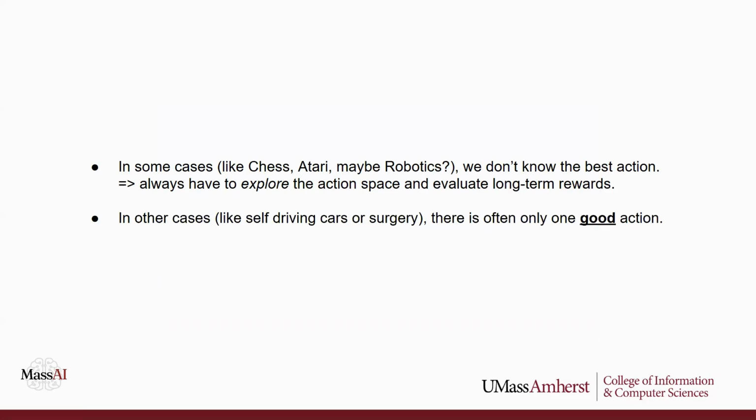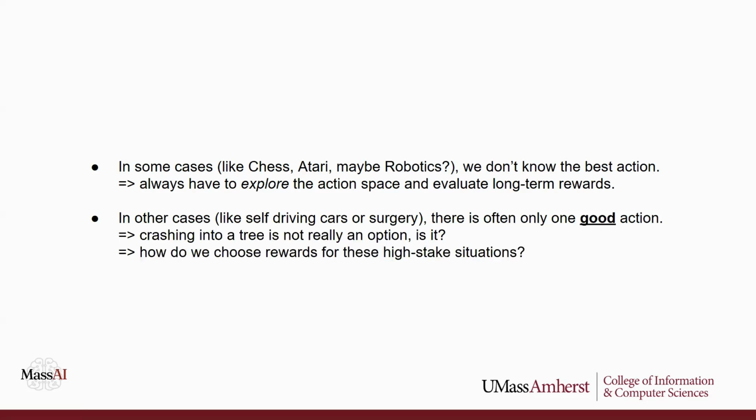But for some other cases, like you are a driver or you are a surgeon, then there are not many ways you can do to get a good outcome. You cannot sacrifice a kidney to save the other one or something. You have to be optimal.